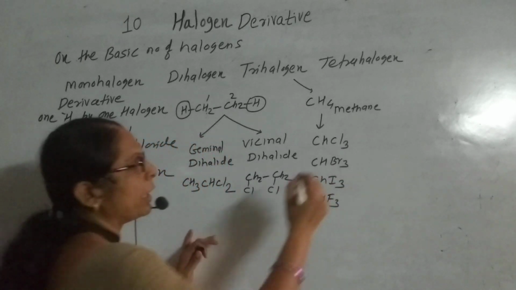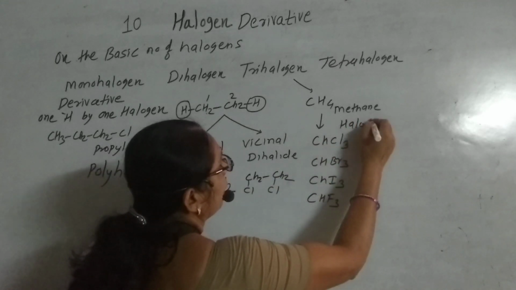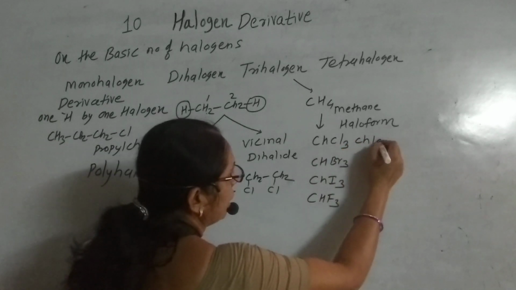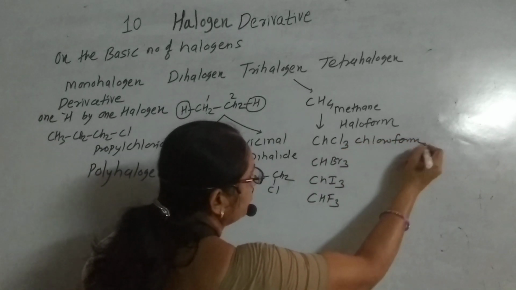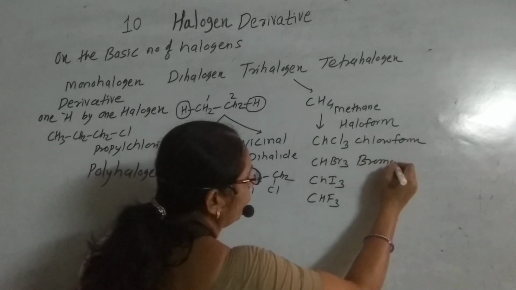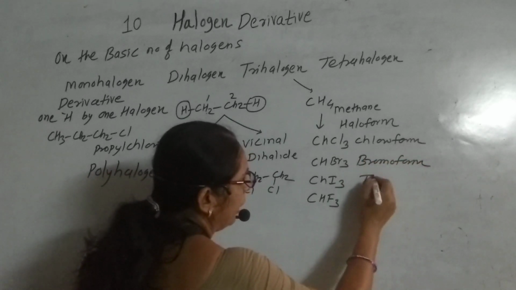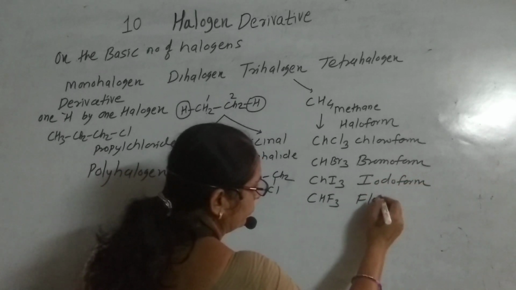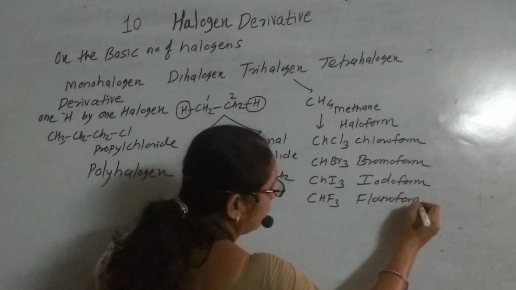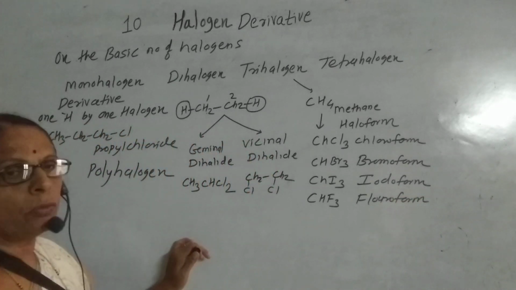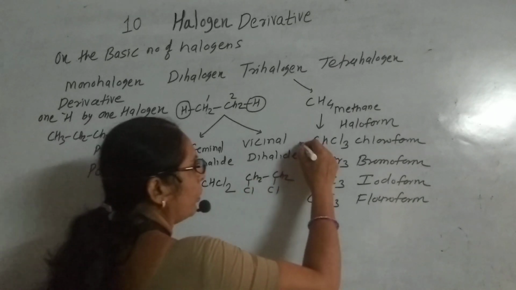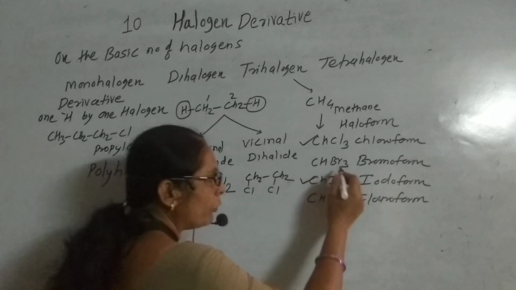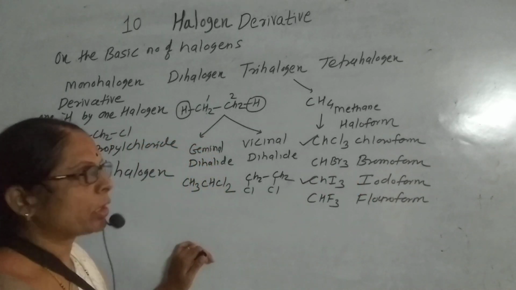All of them are called haloforms. The names are chloroform, bromoform, iodoform and fluoroform. Out of these, chloroform and iodoform practically exist. Bromoform and fluoroform exist theoretically.